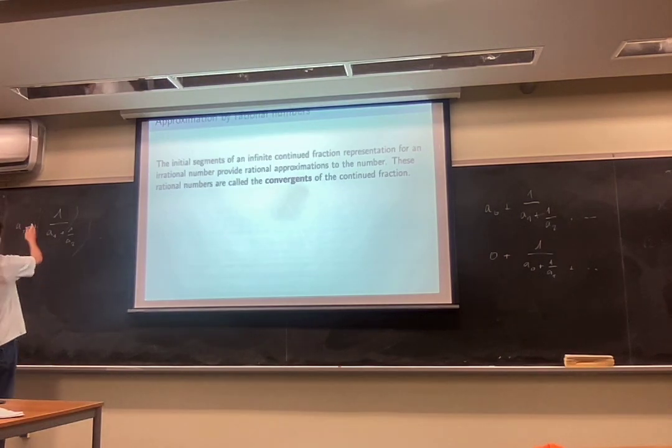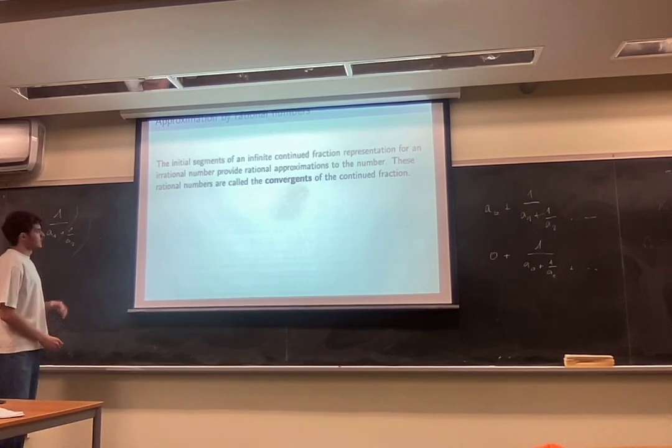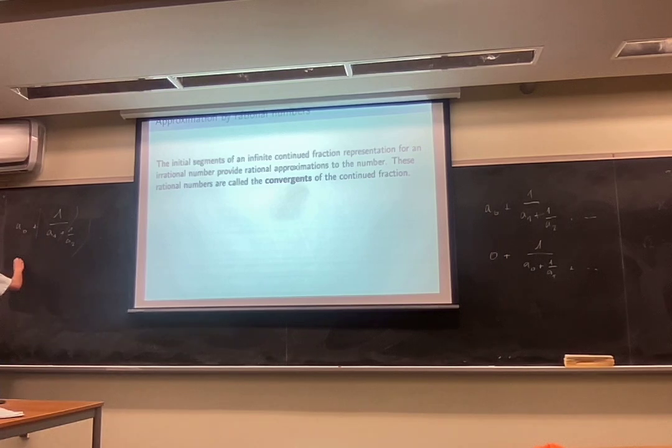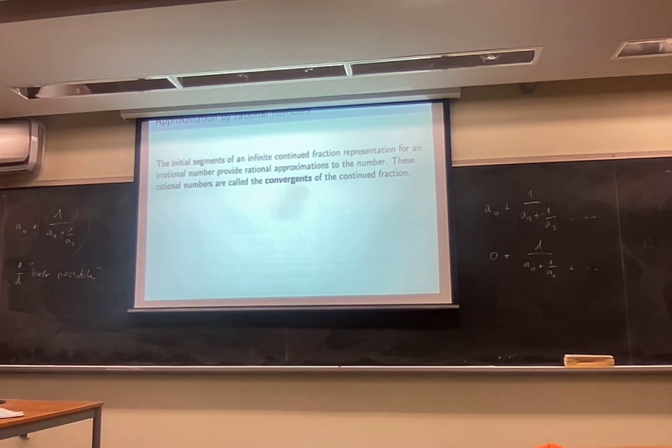Basically, these initial segments that are taken by truncating your continued fraction are called the convergents of the continued fraction. And by best possible, we mean that, let's say you have your irrational number, a rational number n over d is the best possible rational approximation if n over d is closer to your irrational number than any other n over q, where q is less than or equal to d.